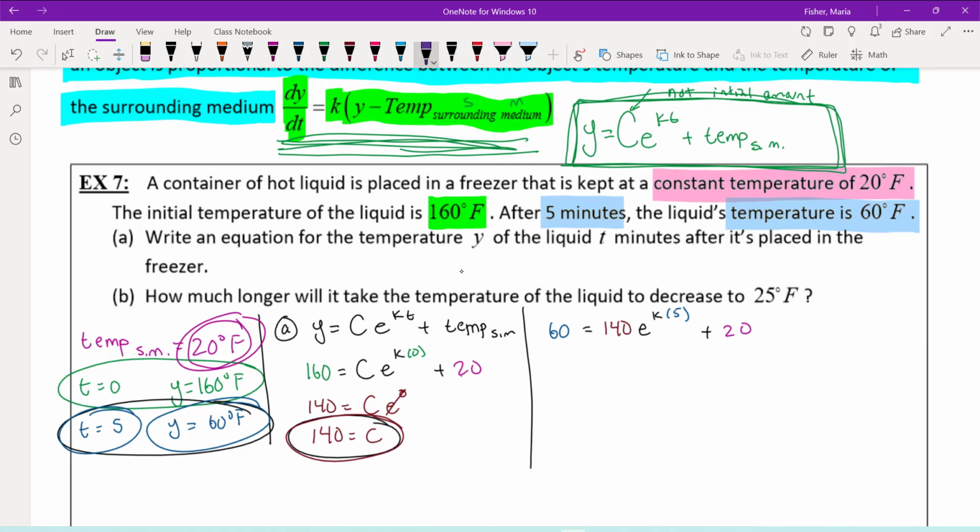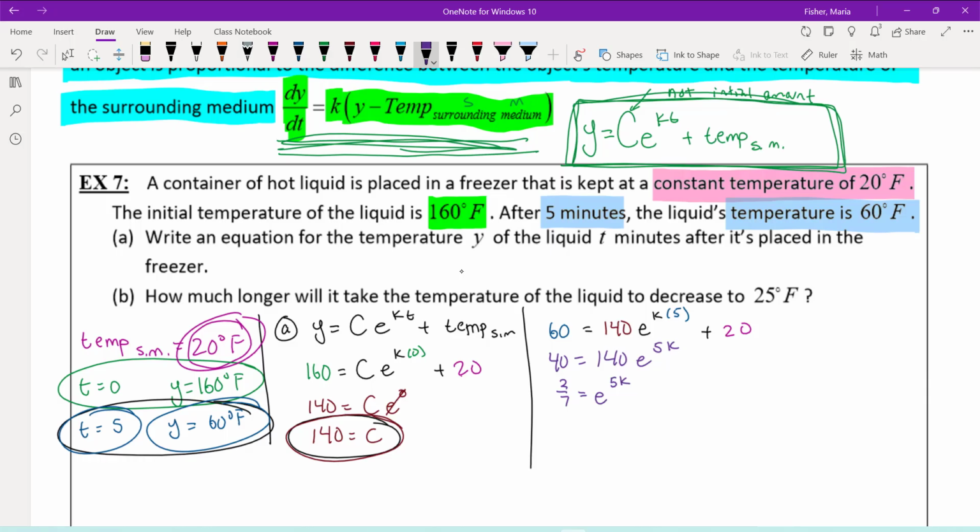Now let's solve this for k. So subtract 20 from both sides, and we get 40 is equal to 140 e to the 5k. Dividing both sides by 140 to solve for k, we end up with 2 over 7 is equal to e raised to the 5k.